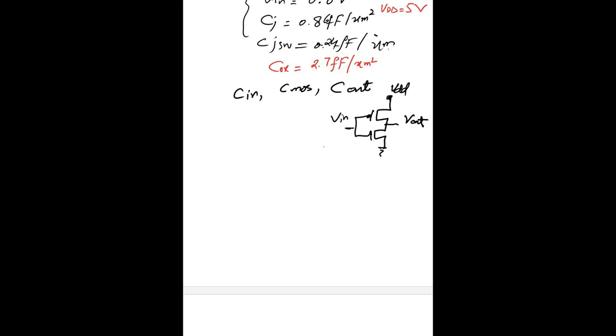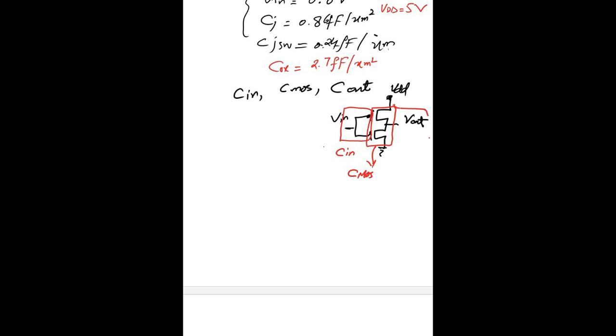If we highlight some of the capacitances present here, we have a few capacitances which are linked with this input area. These are known as our input capacitances. Then we have a few capacitances which are linked here. We have studied that earlier. We have different drain and source capacitances, so these are our MOS capacitances.